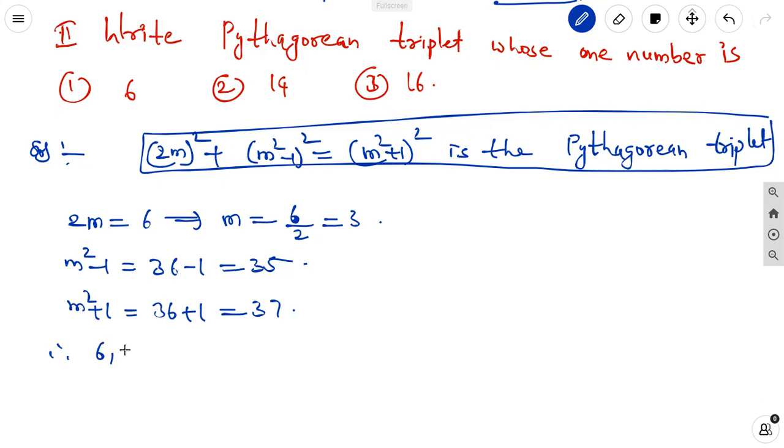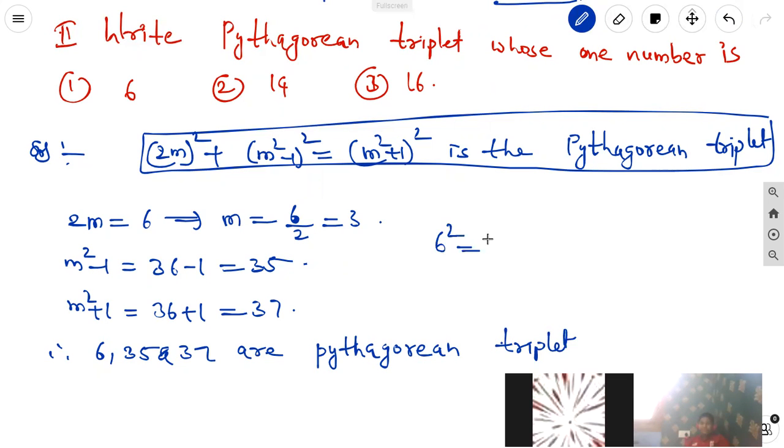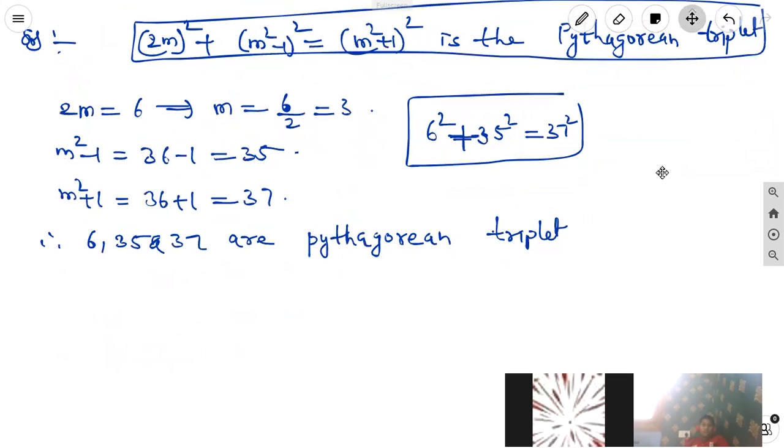Therefore, 6, 35 and 37 are Pythagorean triplet. Why? Because 37 square equal to 6 square plus 35 square. Applying this rule. Next to 14.